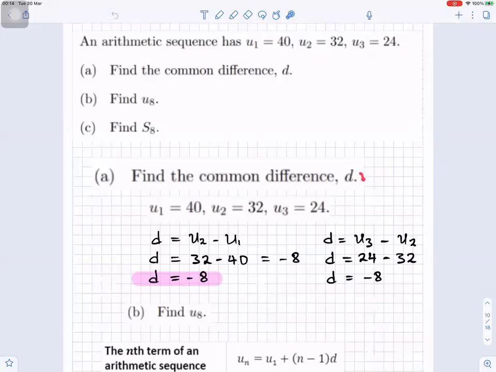So find the common difference D. U1 is 40, as given in the question, U2 is 32 and U3 is 24. The common difference, second term minus first term, U2 minus U1, gives you minus 8. Or you can do U3 minus U2, 24 minus 32, which is minus 8. So the difference is minus 8.